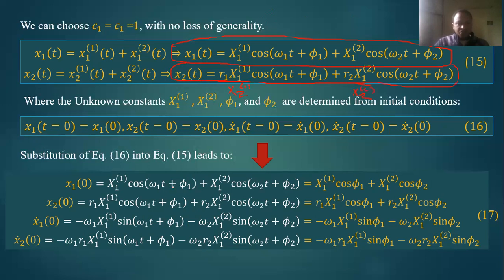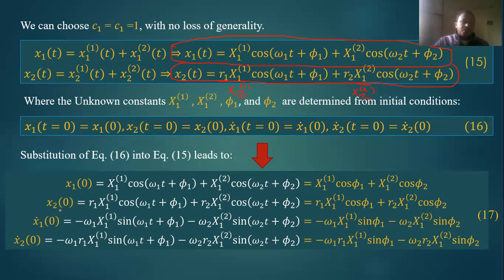Assuming this initial condition, x1 of 0 is equal to x1 of 1 cos pi 1 plus x1 of 2 cos pi 2. Just use this equation, substitute 0 here, substitute 0 here. Again, the first derivative of this will be x1 dot of 0. Substitute it, and what you get is this equation.